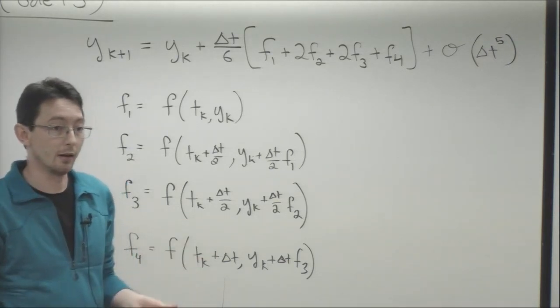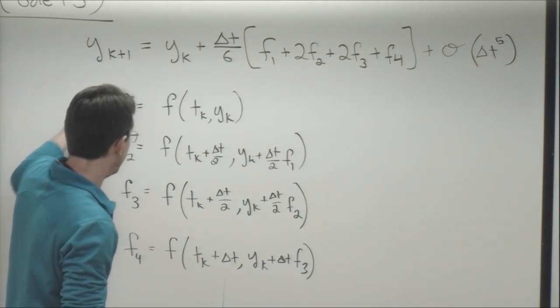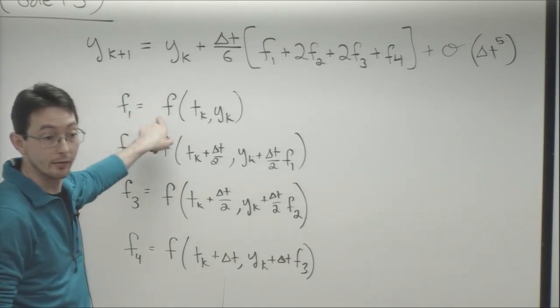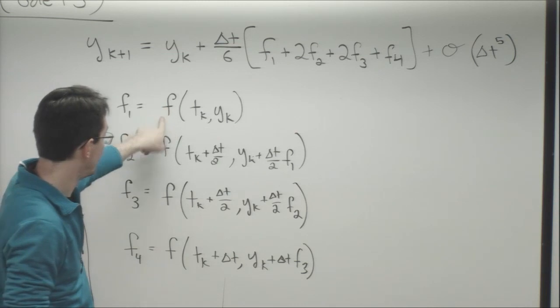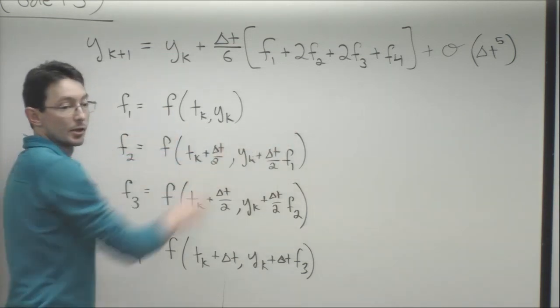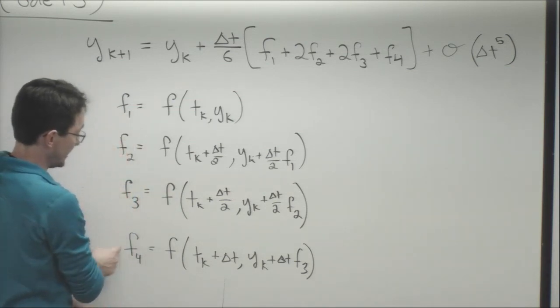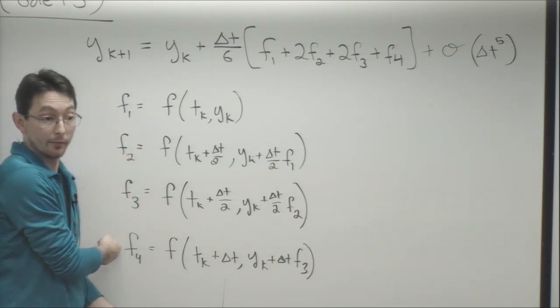The thing that matters is that I have to do 4 function evaluations. So this f might be expensive. This might mean running a fluid simulation that takes 5 hours. So running 4 of these might be really expensive.